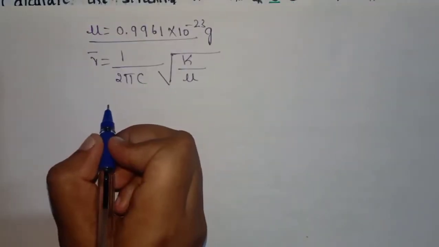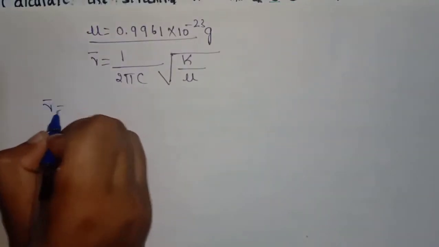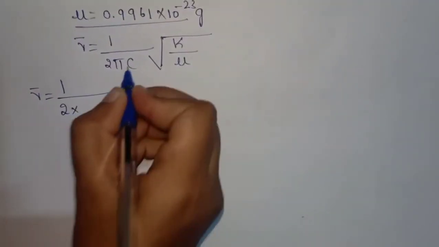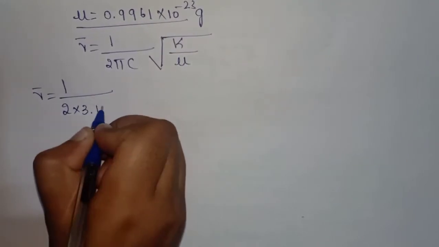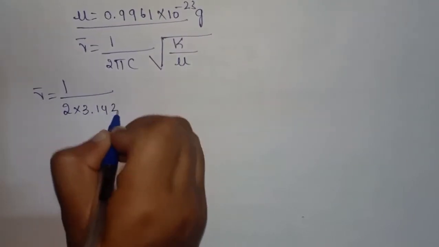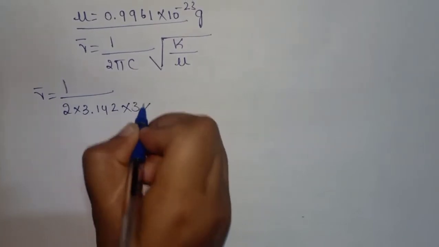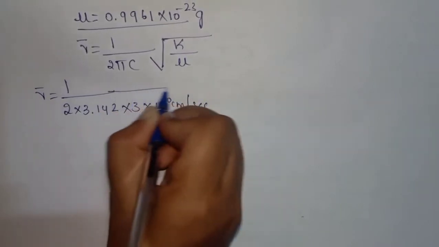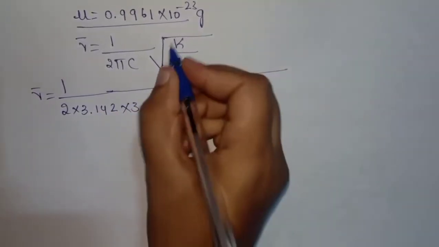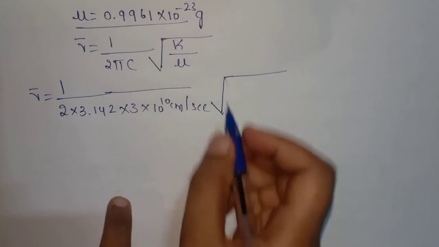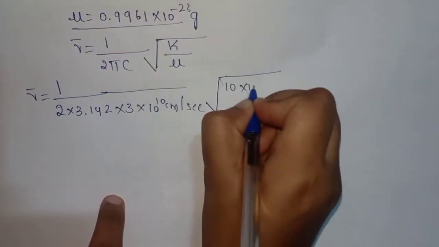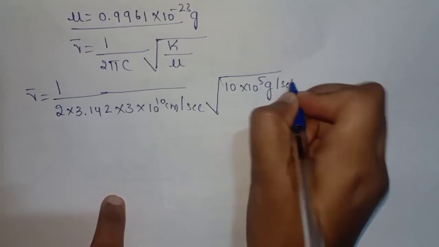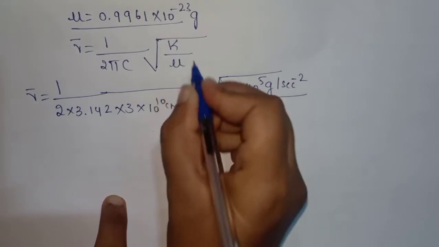Here nu bar is equal to 1 divided by 2 into pi value, which is 3.142, into speed of light, which is 3 into 10 raised to 10 centimeters per second, and root of, we know that for the double bond force constant is 10 into 10 raised to 5 grams per second square, divided by reduced mass.